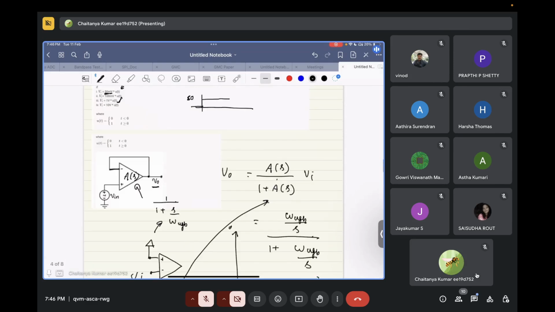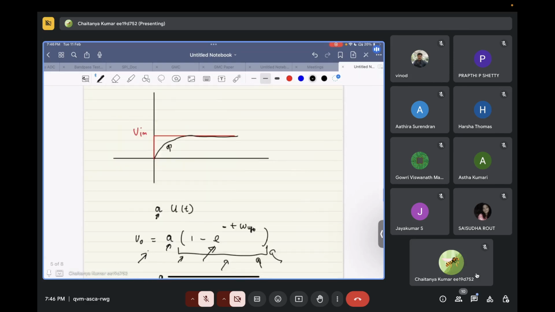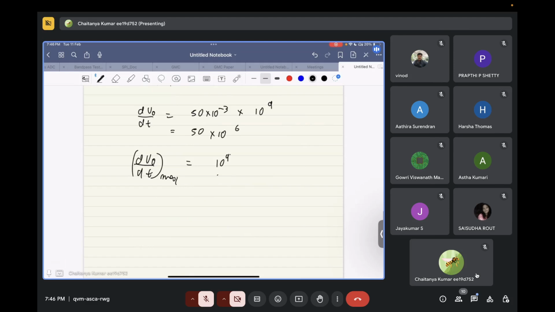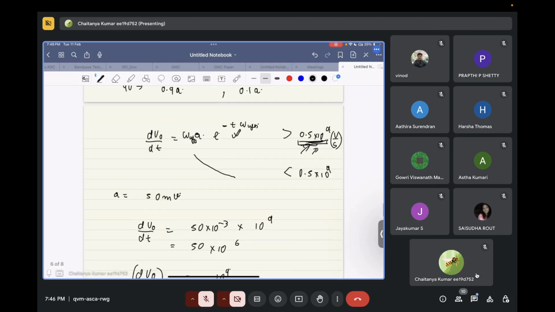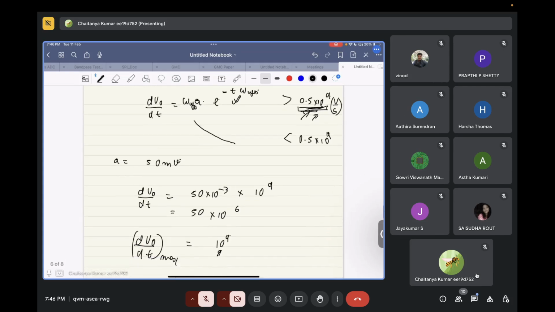But for 1 volt, the maximum rate of change that it is asking is 10 to the power 9, correct? At t equal to 0. 0.5 into 10 to the power 9 is the slew rate, right?